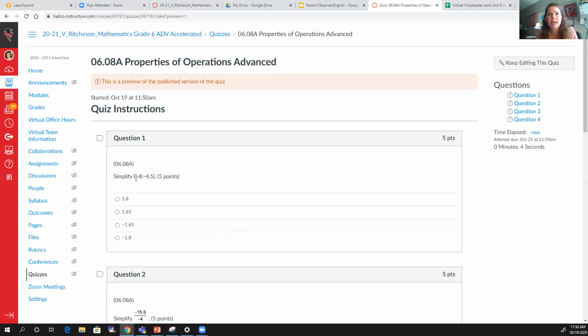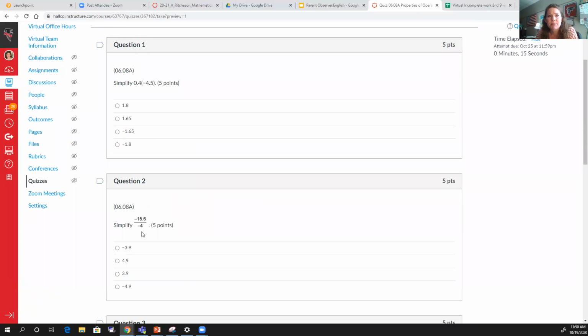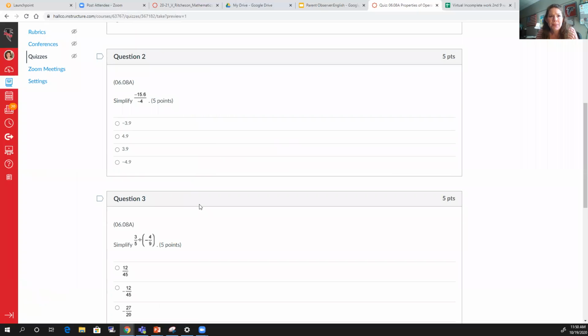So you're just multiplying. You're multiplying 0.4 times negative 4.5. So when you multiply a positive times a negative, you're gonna get a negative answer. You're gonna simplify, you're gonna divide these 2 negative numbers. When you divide 2 numbers with the same sign, you get a positive. So 2 negative numbers being divided is a positive answer.